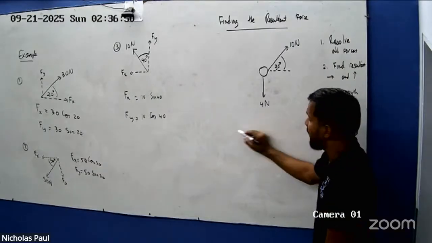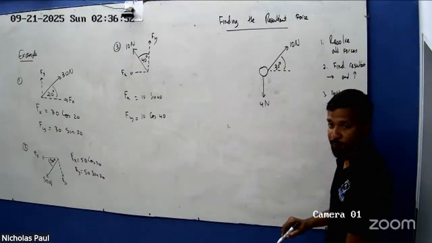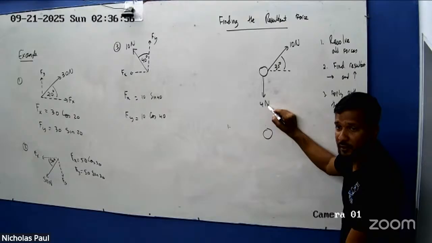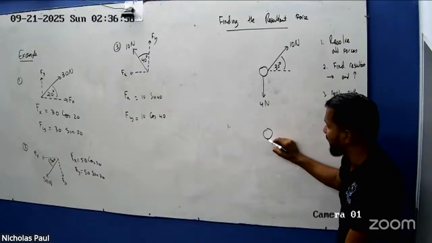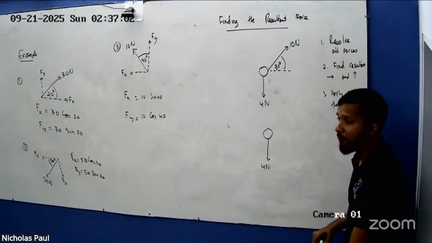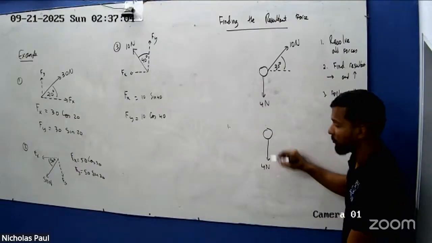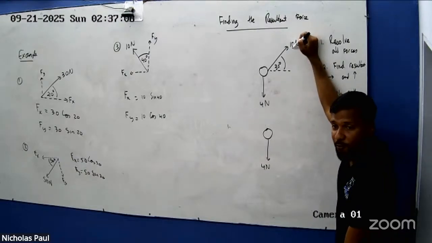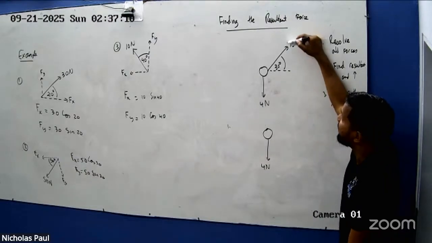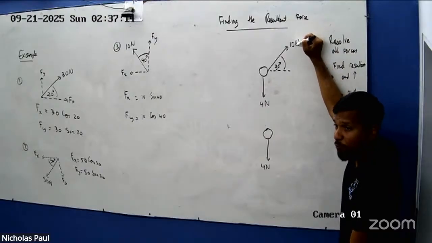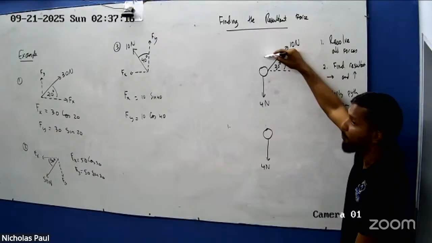So we're going to apply step 1. 4 newtons. Do I have to resolve 4 newtons? No, because the 4 newtons can only act downwards. We add it in just now. Here now, this 10 newtons force could be resolved. Resolve means finding its components.